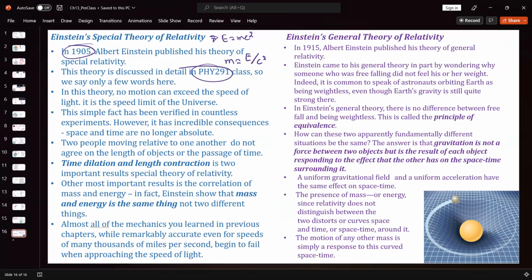The other important result which Einstein produced is what we nowadays call the curvature of space-time, which means space and time are not two different things. They are actually the same thing. They work together and happen together. So the idea is that for a moving object around another object, like circular motion, we explain it using centripetal force and things like that, but in reality it is because of the geometric curvature of space and time, not just because of anything else.